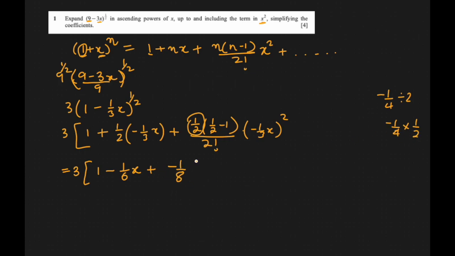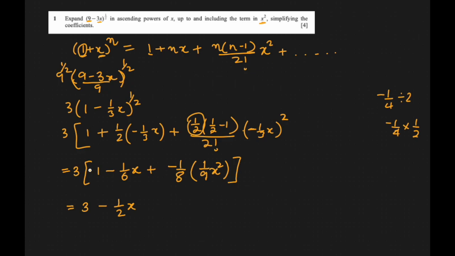Multiplied by 1 over 9, positive x square. Whenever this square is around a bracket, it squares everything, including the sign. So this becomes positive. 1 square is 1, 3 square is 9, and x square is x square. And done. We have reached x square, and now we will expand this. 3 minus 3 times 1 over 6 will be 3 and 6 cancels, minus half x.